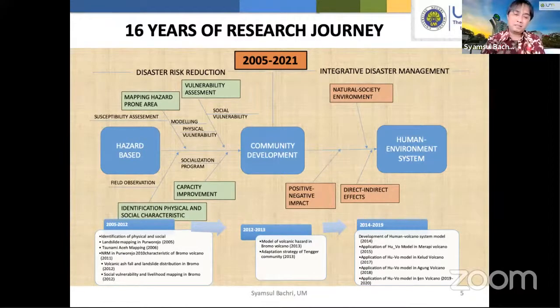But then during the journey in 2011, 2012, I realized that this is not enough. Why? Because community development should be engaged when you are facing a disaster in an area.